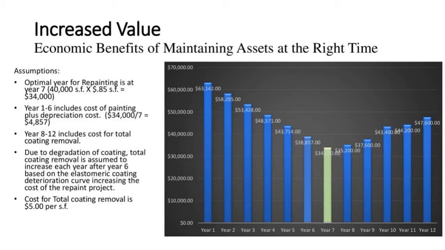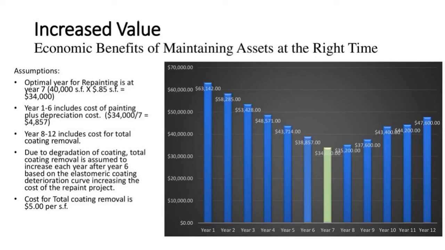If maintenance is performed prematurely, we have to add depreciation cost, and it becomes a factor. But if maintenance is deferred, the cost increases due to additional degradation of the asset.